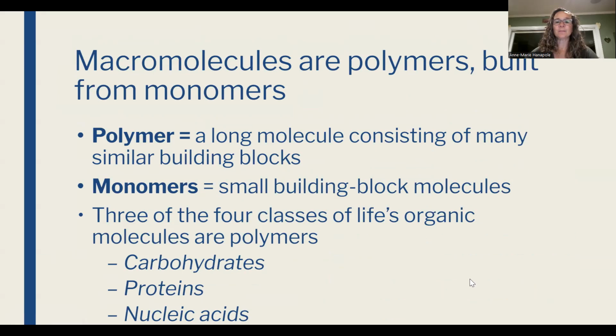So a polymer is going to be a long molecule that consists of many similar building blocks. And the monomer is the building blocks that you're putting together to make those polymers. And then carbohydrates, proteins, and nucleic acids all fit into that monomer-polymer relationship.